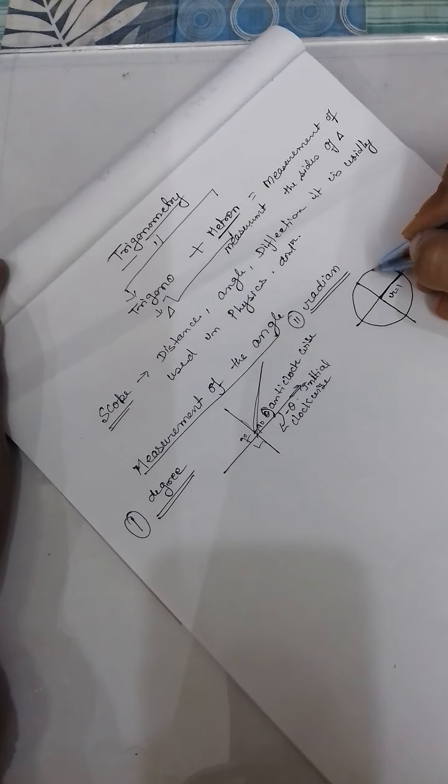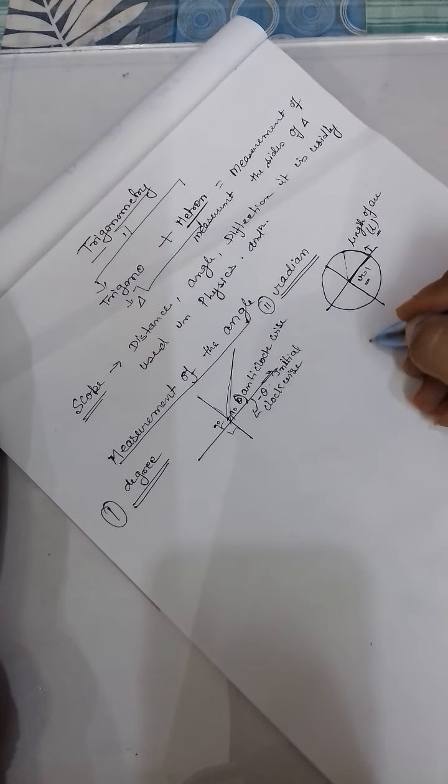Students, just take a circle of 1 unit. 1 unit means r is equal to 1, or whatsoever, 2 unit, 3 unit, 4 unit. When the radius moves in the anti-clockwise direction, it traces the length of an arc, represented by L. R is the radius and L is the length of the arc.